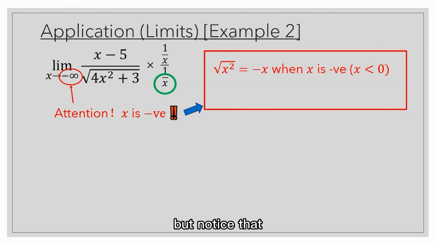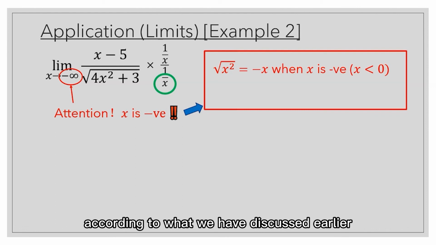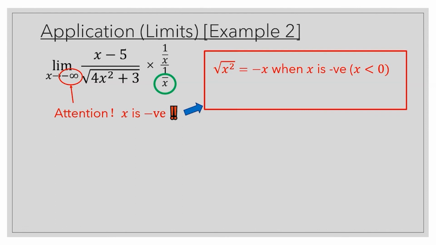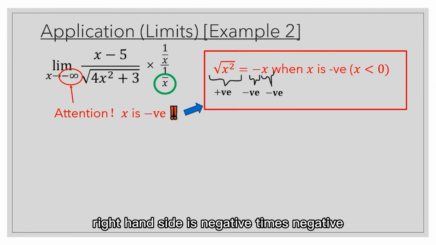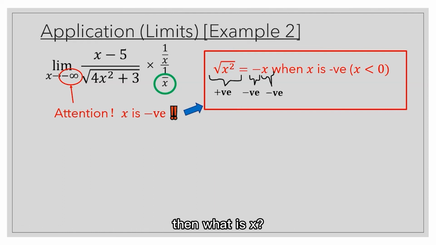But notice that since this question is x approaches negative infinity, x is negative. According to what we have discussed earlier, when x is negative, square root of x squared equals negative x. We can notice that the left side is positive, and the right hand side is negative times negative. Then what is x?